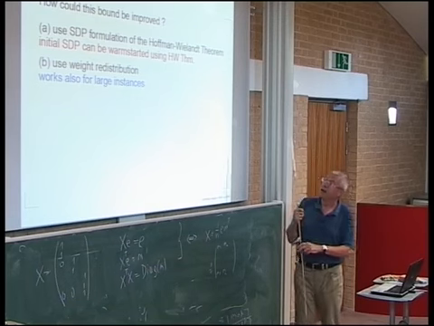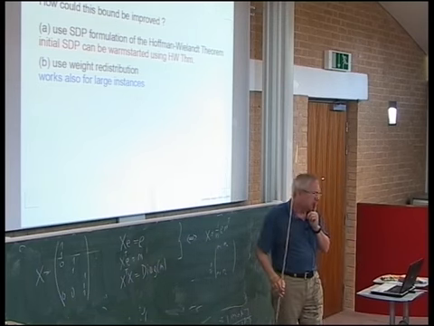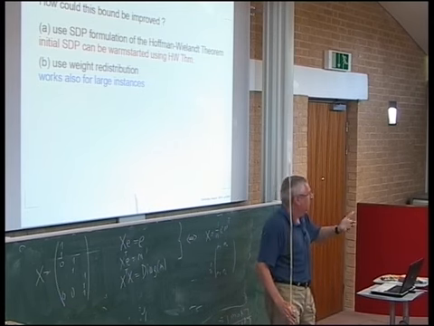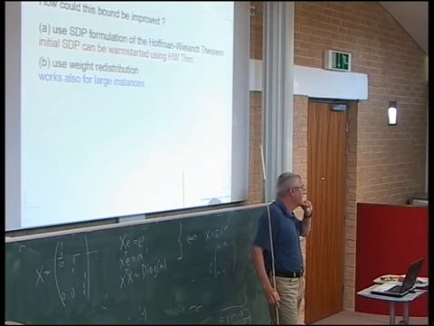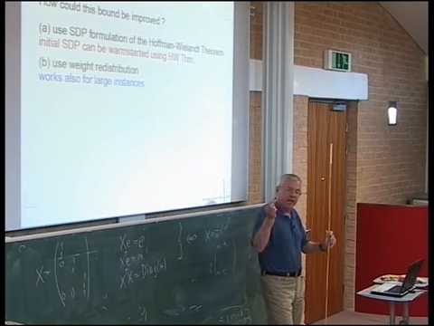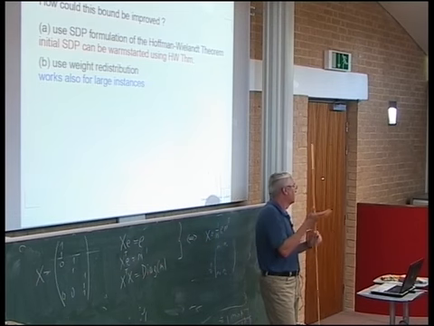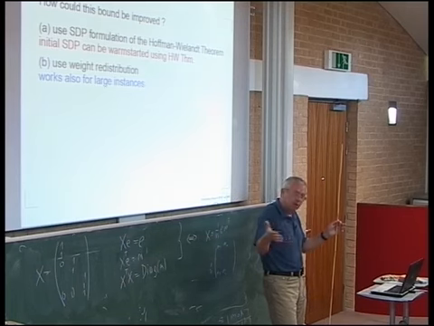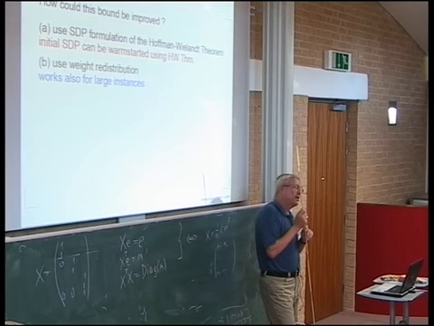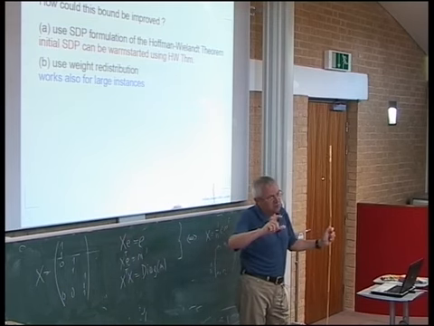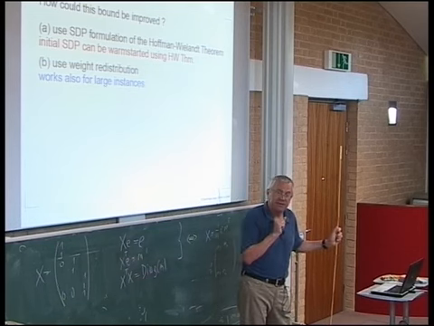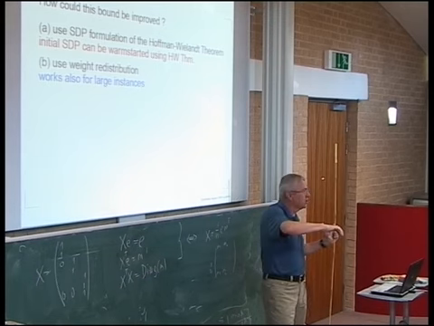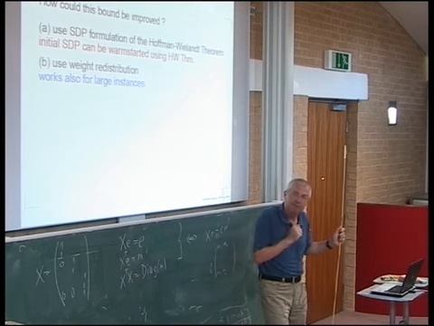So I can do the following. Suppose I now consider the adjacency matrix as a weighted graph, and I say that each edge weight is 1. So the non-zeros of the matrix have weight 1, and the total weight is the sum of the edges. Now suppose I allow to vary the edge weight. So instead of 1, maybe one edge gets weight 1.5, and maybe another edge gets weight, say, 0.3.